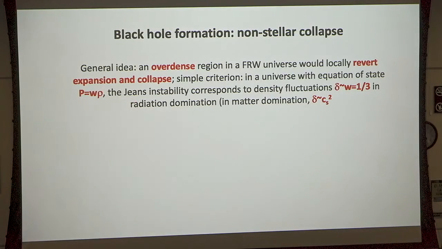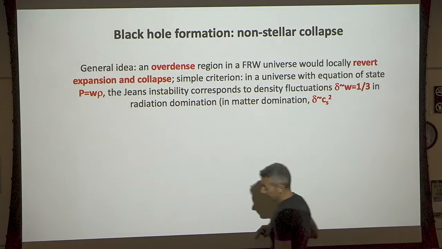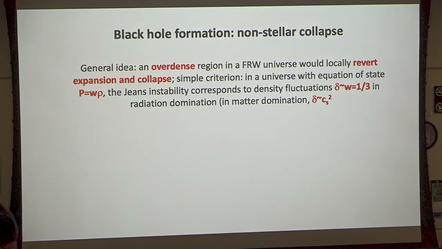So let me tell you in the last couple of minutes or so what the general idea is for forming black holes, not from stars, but rather from the collapse of density perturbations.